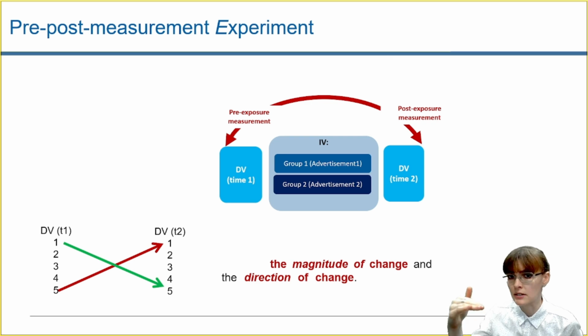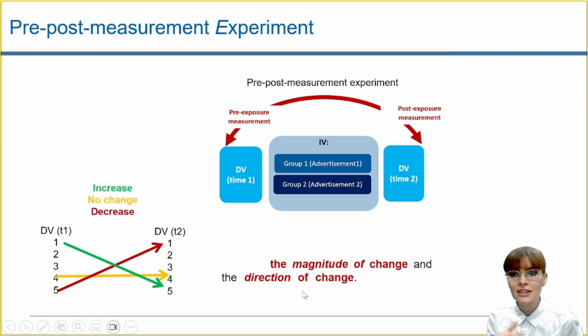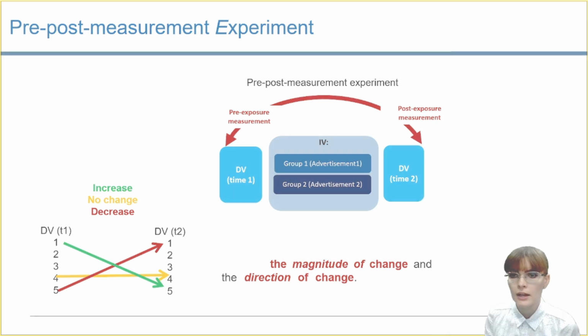If we experience an increase from the lower end of the scale to a larger one, that is a positive direction for the change in the dependent variable. And if nothing is changing, we receive exactly the same measures. It was 4 at time 1 and it's also 4 at time 2, then it means no change. I have it in yellow color here for you. And I've color coded increase with green and decrease in red color just to make it more visually appealing.